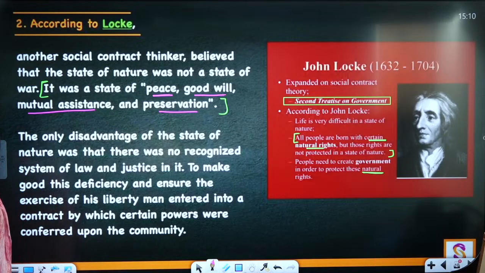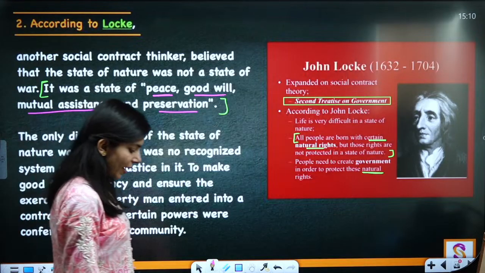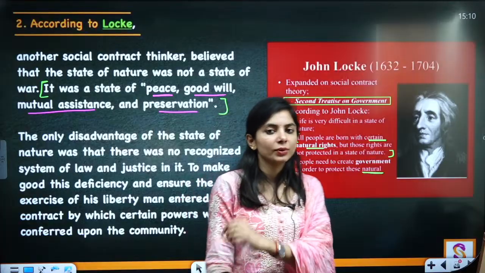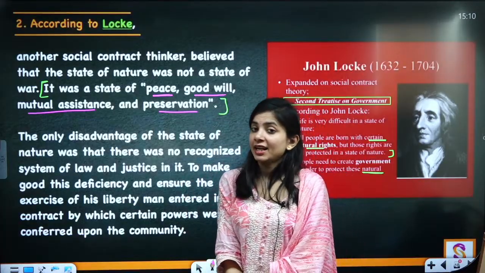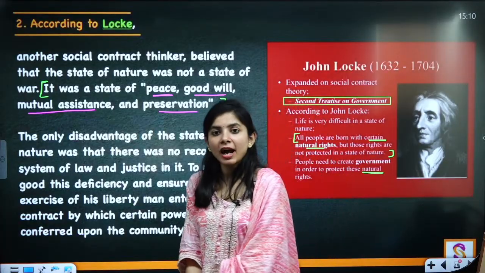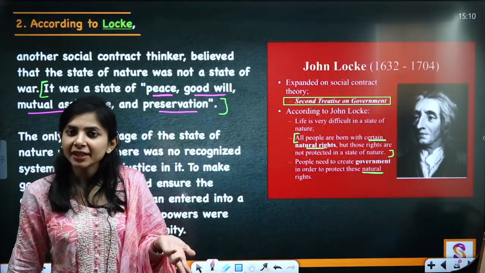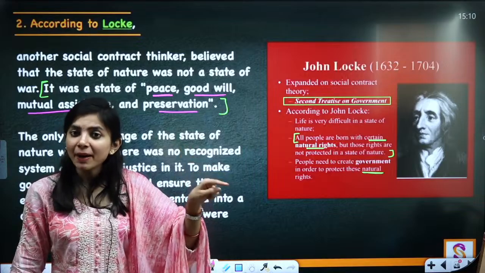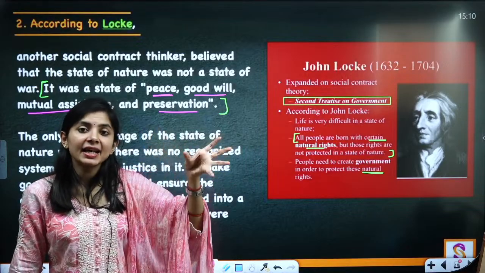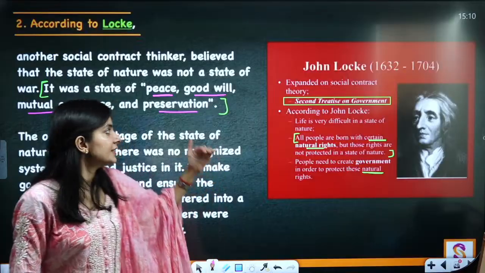So according to John Locke, he specified that state is the result of peace. Why? Because let us suppose the umpire says no doubt, all the players have to obey. And after obeying that, again they will start playing. It means the umpire was acting as a mediator and he is bringing the peace.